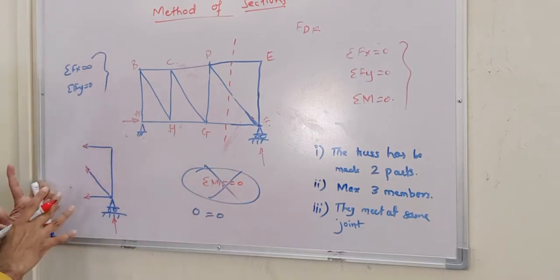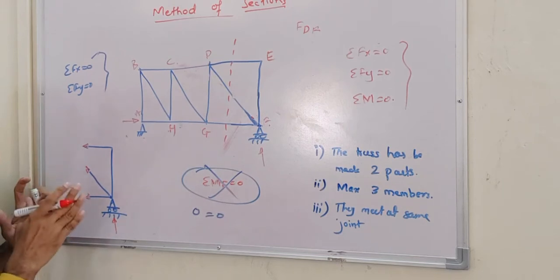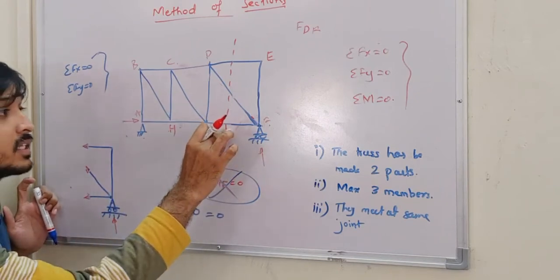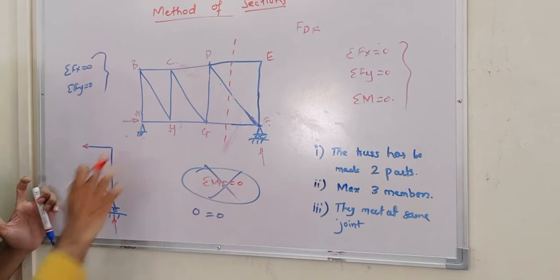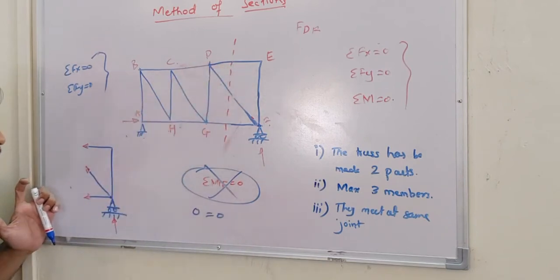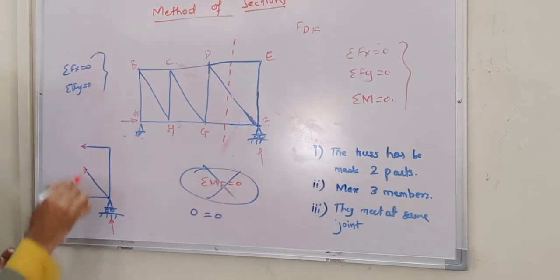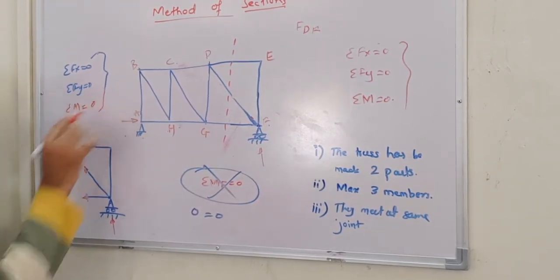You have to give the forces only to those members where you have cut the section. Here I have cut this member, I am assuming it is in tension. I have cut this member, I am assuming it is in tension, and I have cut this member and I will assume it is in tension. Now you have three unknowns and three equations, so we can easily solve the problem.